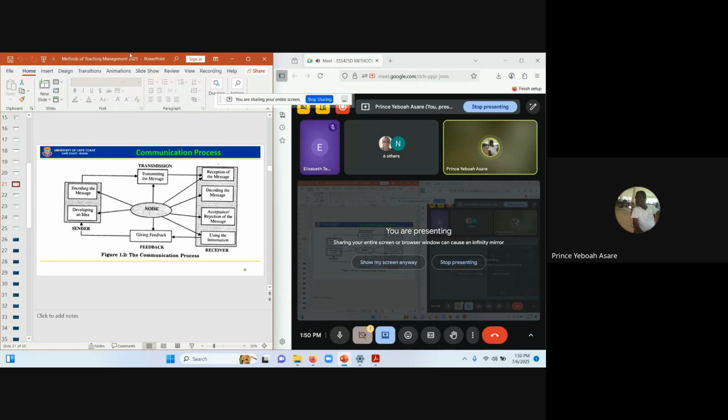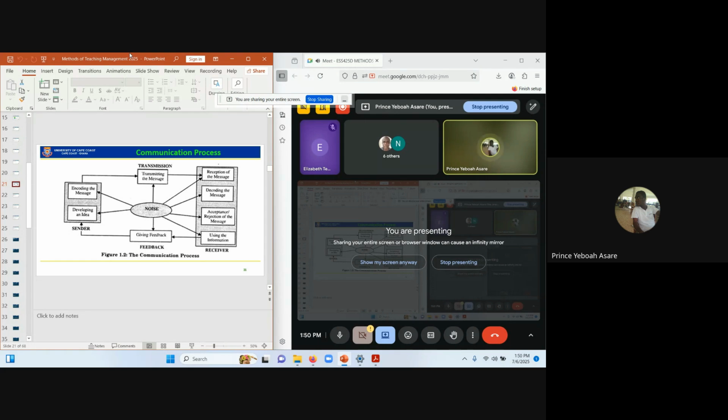So we looked at the communication process, and this is not an issue of management. In the communication process, we have the sender performing some task, the receiver performing some task, and a medium that connects the sender and the receiver.